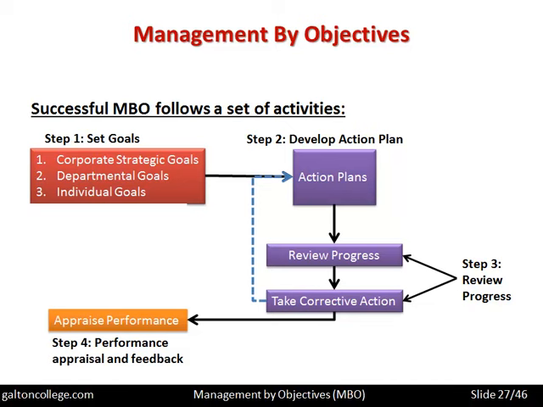So it's the appraisal system. And out of the appraisal system, feedback can go to the corporate goals, the departmental goals, and even the individual goals, because this is the resource that the organization is working with.